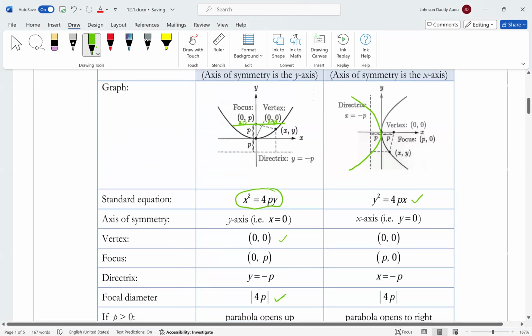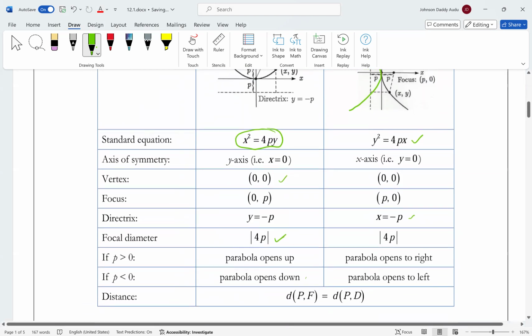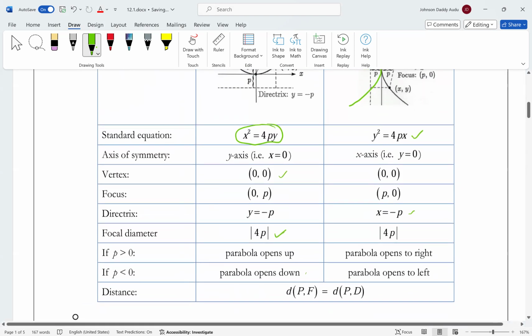You have 0, 0 as the vertex. You can see here the focus is at (p, 0), meaning that p is on the x-axis. And the directrix is just x equals minus p. And it's going to open to the right if p is greater than 0, and open to the left if p is less than 0.